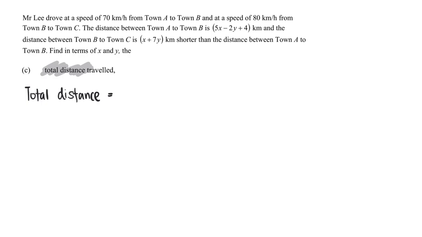And from the question, A to B, the distance is 5x minus 2y plus 4. And previously, we have also gotten our distance from B to C. Alright, and that is 4x minus 9y plus 4.